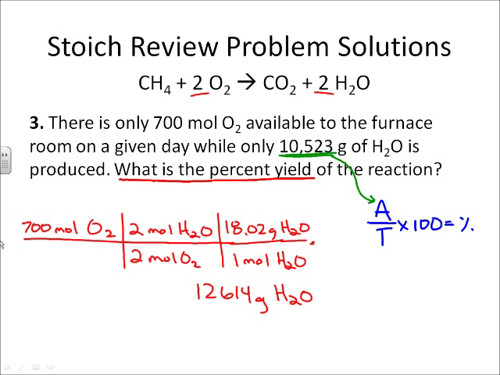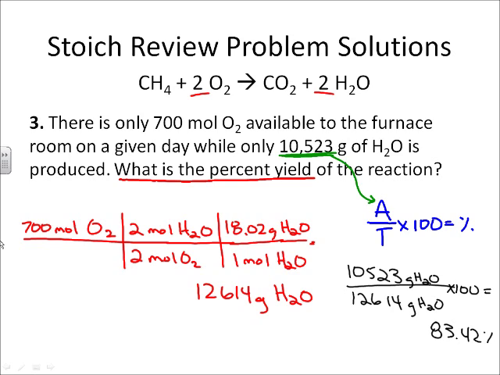So now for our actual calculation, 10,523 grams of water divided by 12,614 grams of water times 100 should give us a percent yield of about 83.42%.